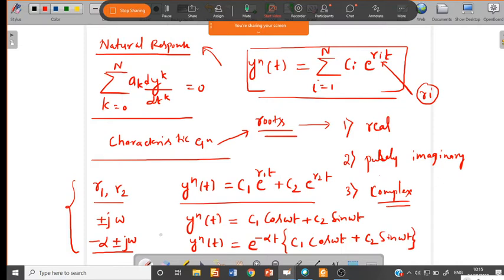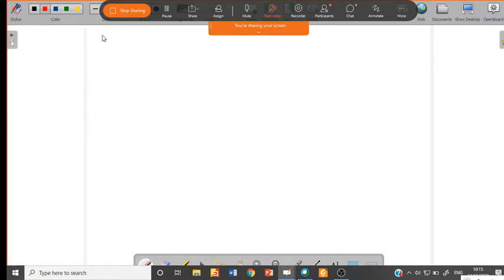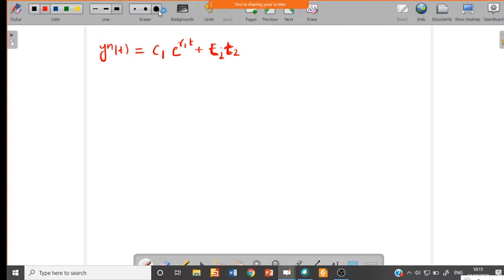And if, say for example, the two roots are the same, that is r1 and r2 are the same, then the response or solution of the system will be in the form of c1 into e power r1t plus c2 into t into e power r2t.